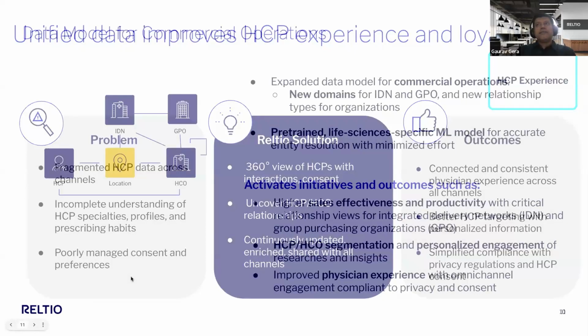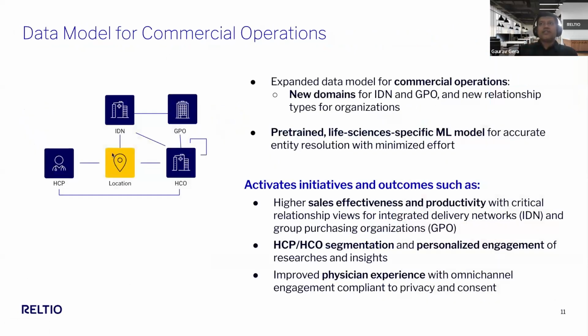And this is what I showed in the system as well. This is our data domain for the commercial operations: HCP and HCOs through the relationships, and then there are additional pieces like integrated delivery networks and group purchasing organizations, which is where your pharmacies and payers would interact.